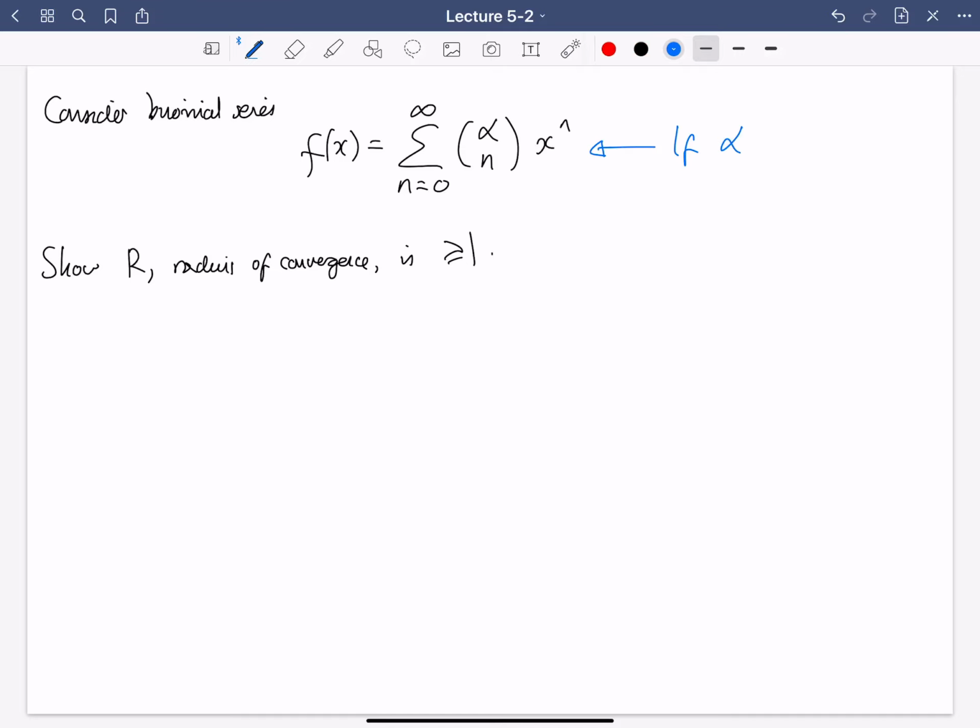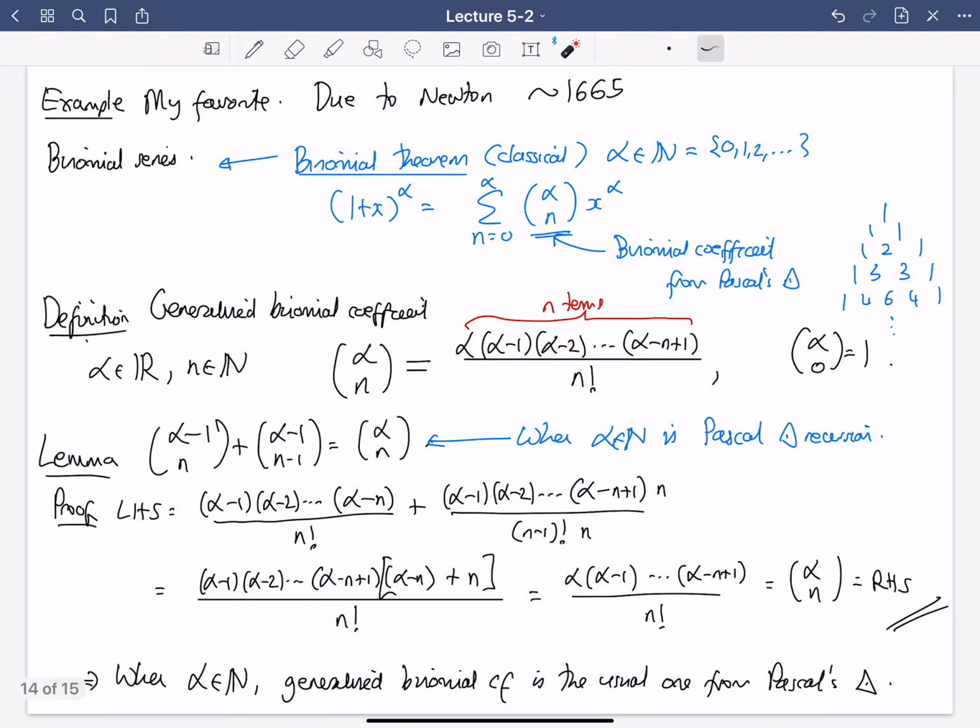If alpha happens to be a natural number, then actually alpha choose n is 0 for n bigger than alpha. That's because in that case, n is bigger than alpha, so one of the terms in that product is going to be alpha minus alpha, which is 0. So that product's 0.